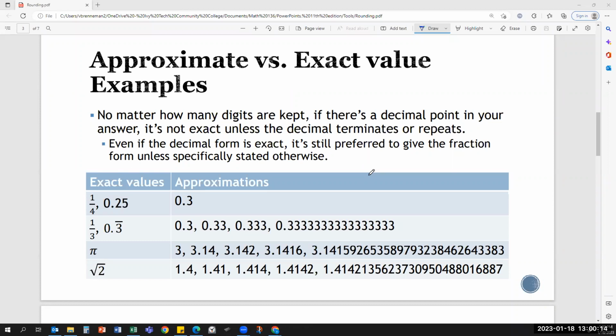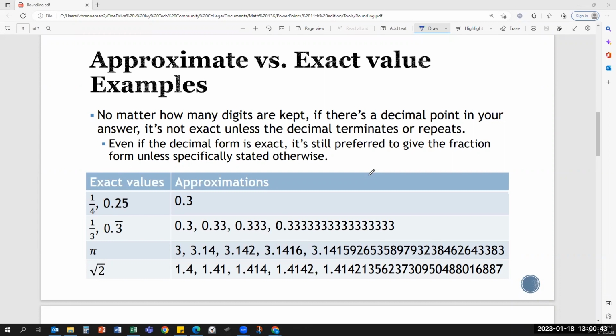For pi, 3 would be a very imprecise approximation. 3.14 is commonly used. 3.146 for those that want to be a little bit more precise. You have on your calculator a pi button that's going to give a much more precise, essentially considered exact, but it's still probably stored as actually rounded off with many, many digits, more than what you can see.